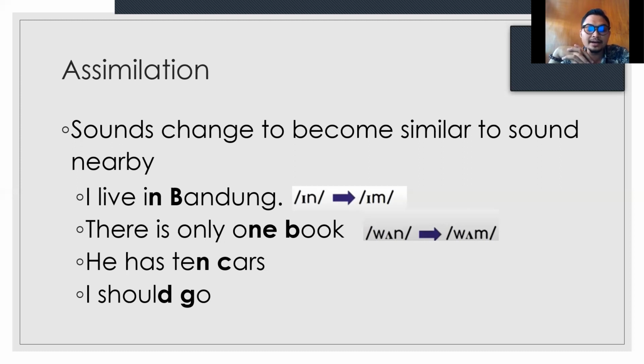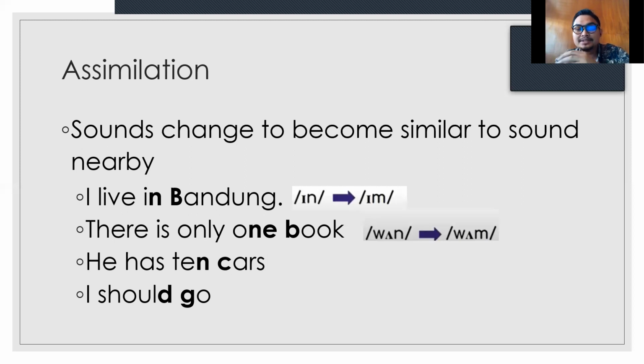He has 10 cars. And then the last one, we have: I should go. The sound of the d is changed into g. I should go. All right, friends, that is the assimilation.